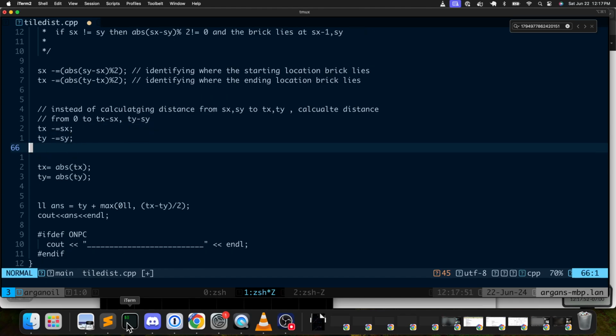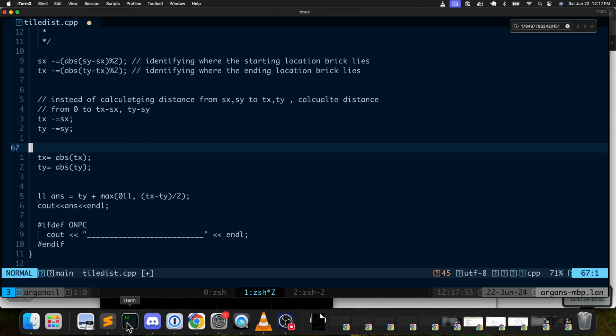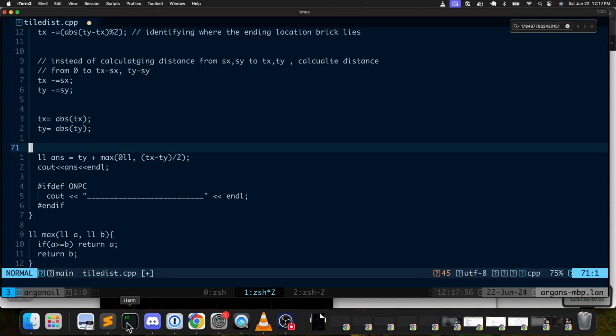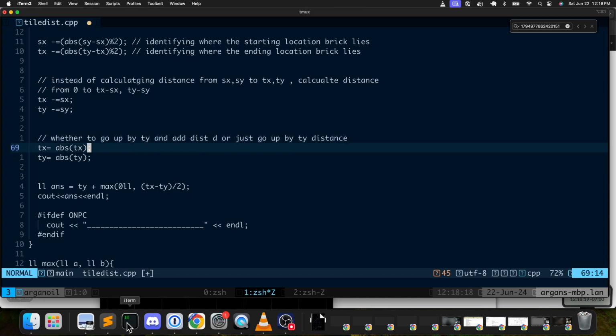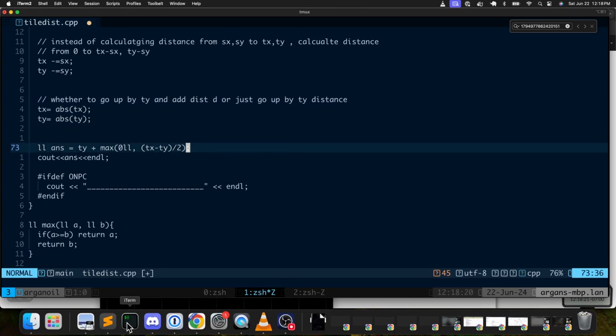Now I want to identify whether to go up by Ty and add distance d, or just go up by Ty distance, and that's what we are calculating over here.